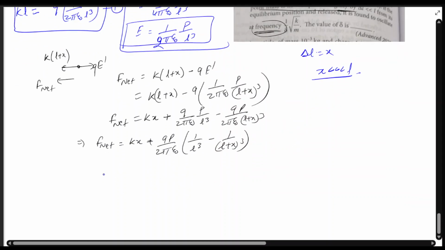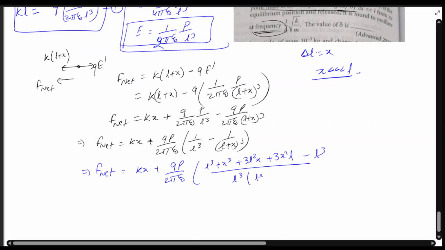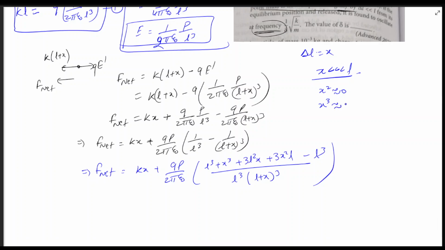Let's first solve it here. We get F net equals Kx plus Qp upon 2 pi epsilon naught. I'm just writing it directly: L cube plus X cube plus 3L square X plus 3X square L minus L cube, upon L cube into L plus X to the whole cube. Now if X is much less than L, then X square will be 0 and X cube will also be 0.